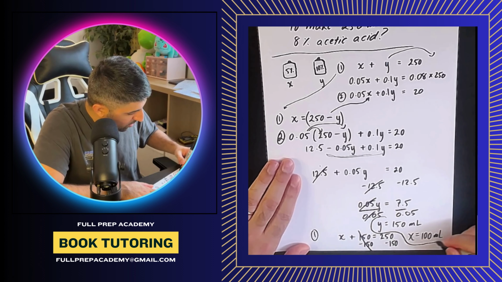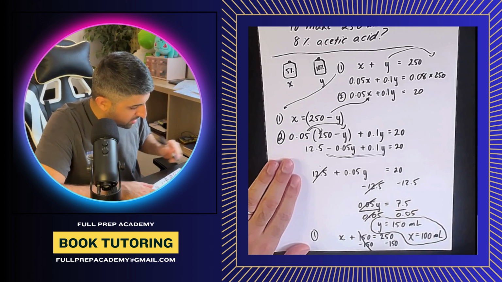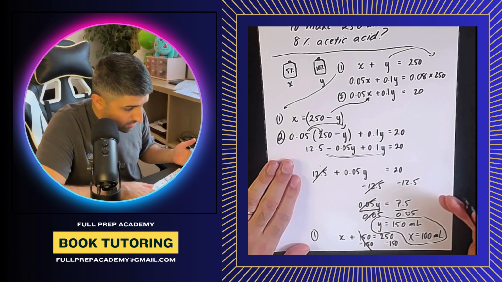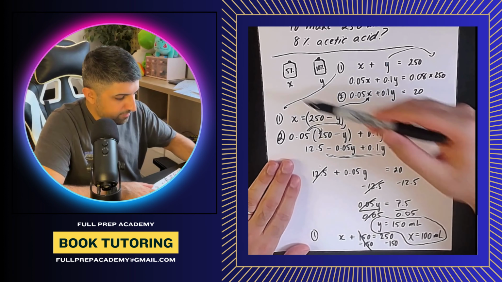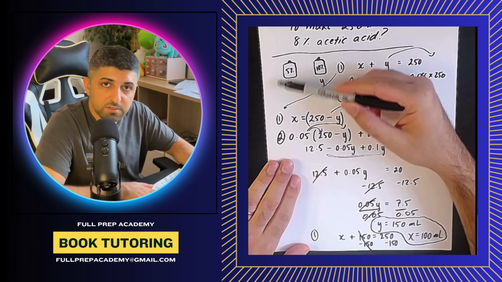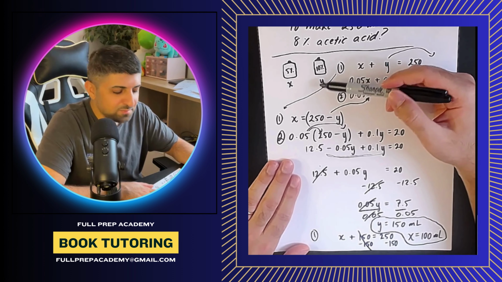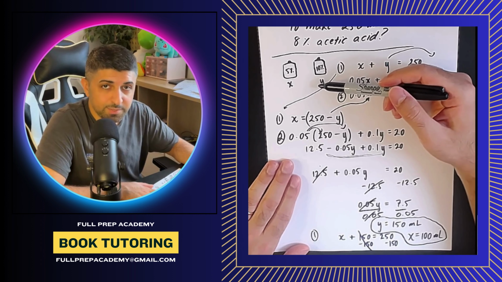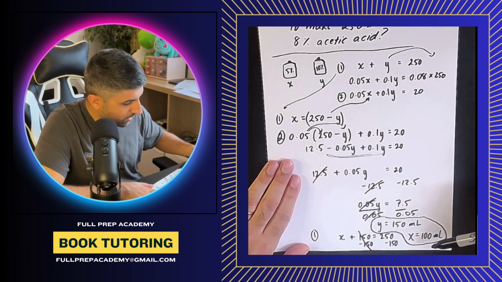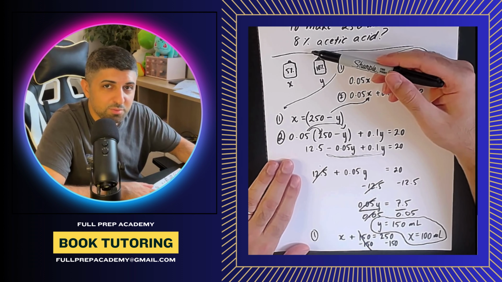And this is where you write your therefore statement because you found the answer. The answer is, out of the 5% bottle, take 100 milliliters of it. Out of the Y, the 10% bottle, take 150 milliliters of it. You'll get 250 in total, and in the end, 8% will be acetic acid.